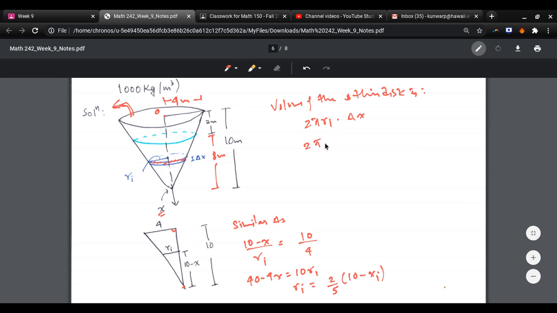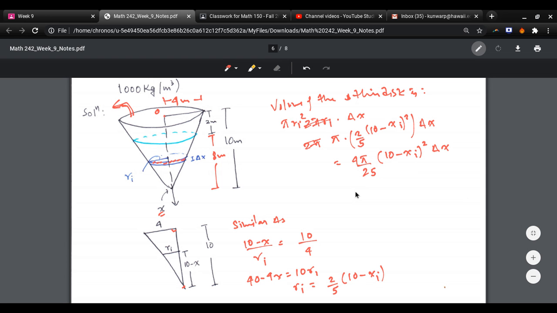So it's pi Ri squared times delta x. So it's pi times 2 over 5, 10 minus xi, squared, delta x. What this becomes is 4 pi over 25, 10 minus xi squared delta x.